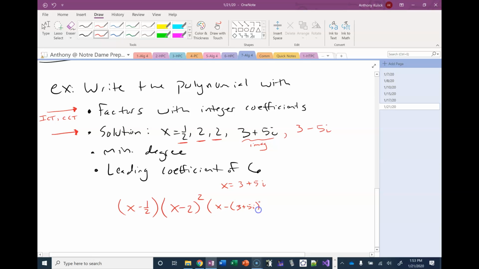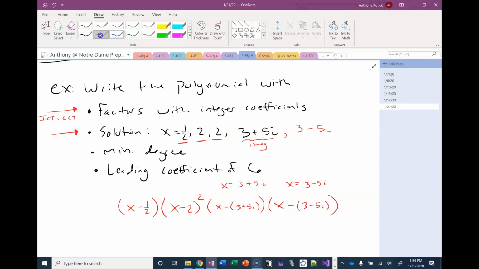I'm going to treat it like one quantity. And similarly, I'll do the same thing here. You'll see in a moment why that makes life a little bit more convenient, but it makes the multiplication step we're going to do in a minute a little bit easier. You don't need to do it that way, but my suggestion is that it makes life a bit easier to do it that way. Okay.